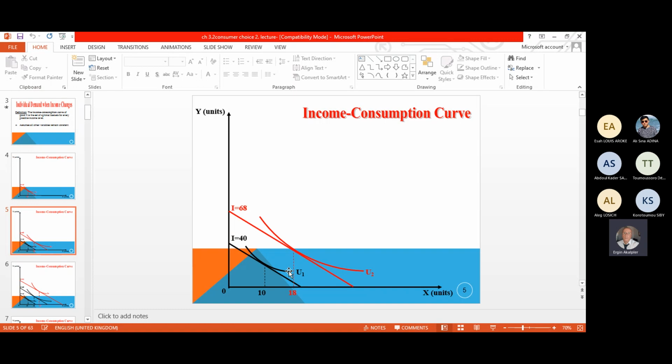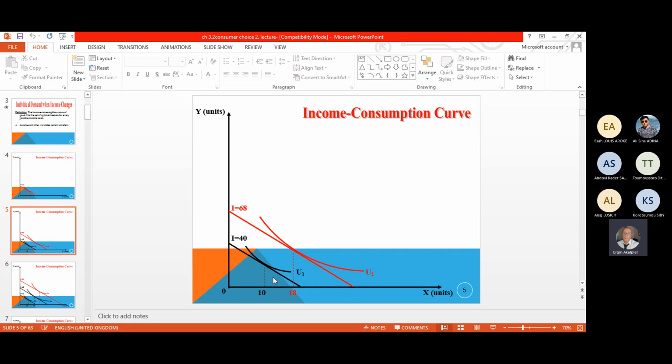Then we are going to determine these shifts where the income consumption curve is estimated. The straight line which is intersecting the utility curve is the budget constraint, which we determined in the last lecture.